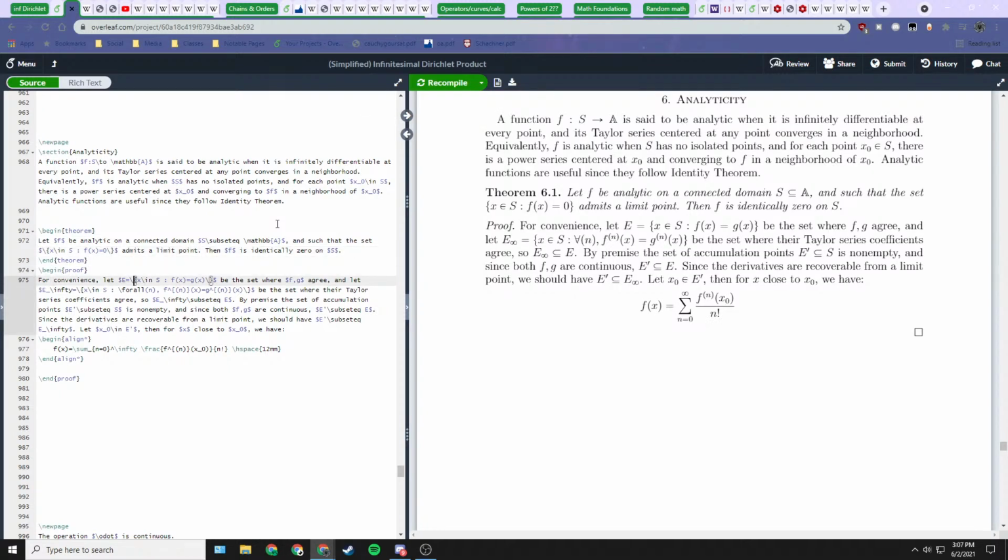So we can say, let's use the set where f is 0. And E sub infinity is the set where every derivative of f is 0.